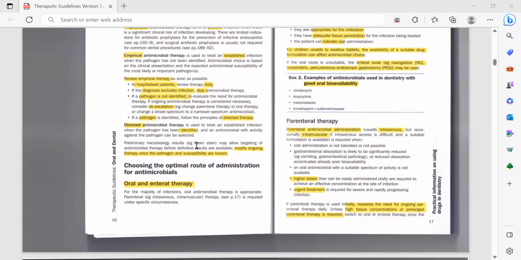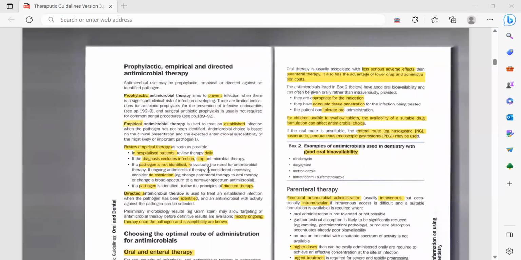Preliminary microbiology results, for example gram stains, may allow targeting of the antimicrobial therapy before definitive results are available. Modify ongoing therapy once the pathogen and susceptibility are known.